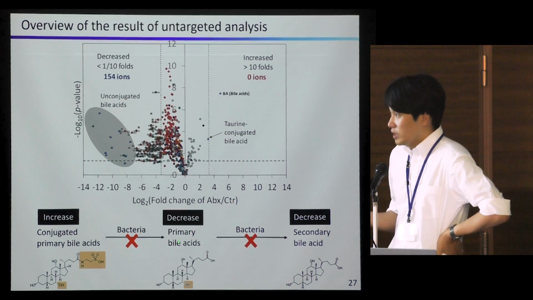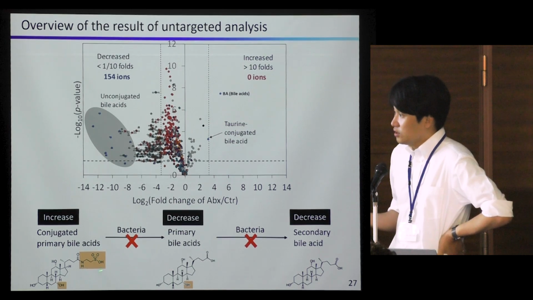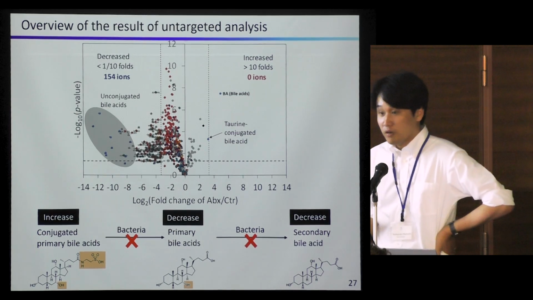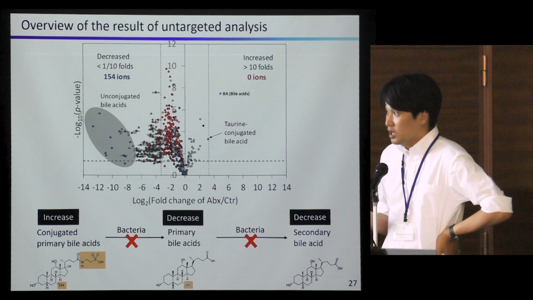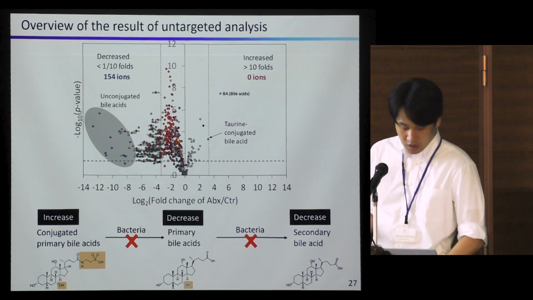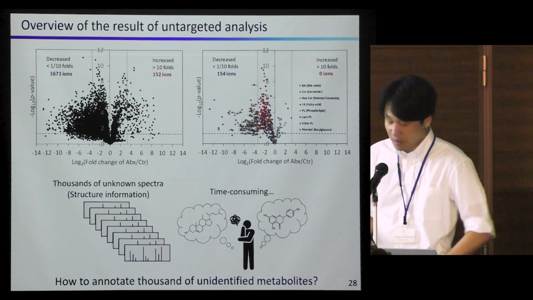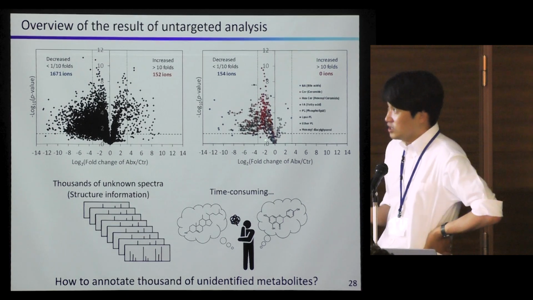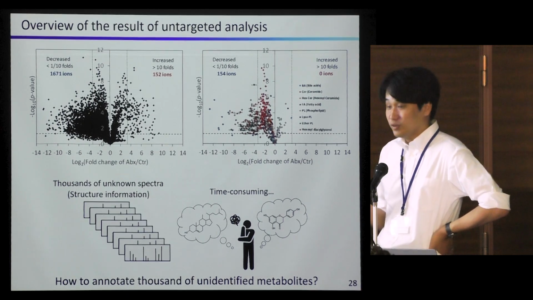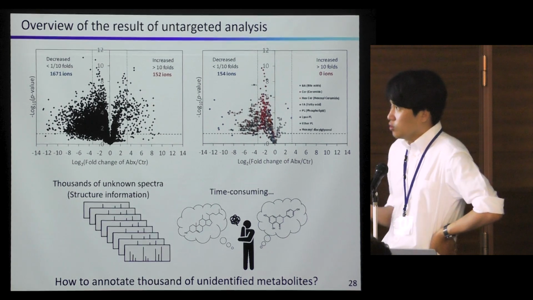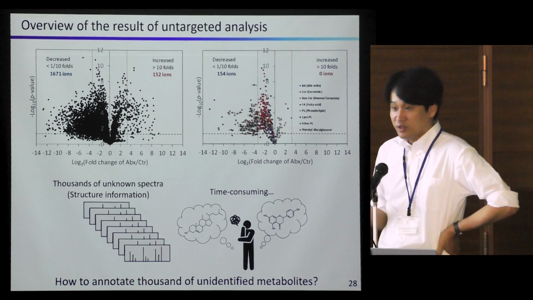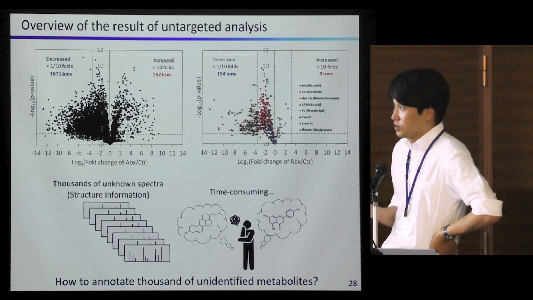So the primary or secondary bile acids, the unconjugated forms, are decreased, and the conjugated ones are increased. So this is very reasonable, and this means our experimental system works well. But the problem is, we identified only around 10% of the intestinal metabolites or lipids. So how to increase the annotation is the next question.